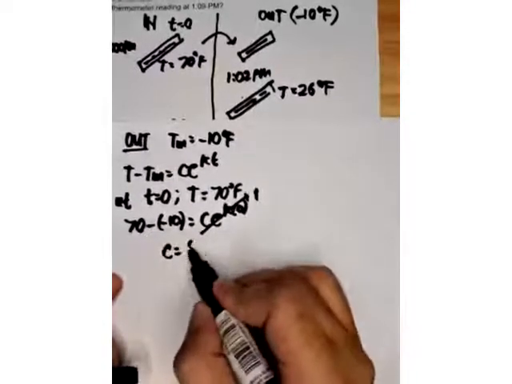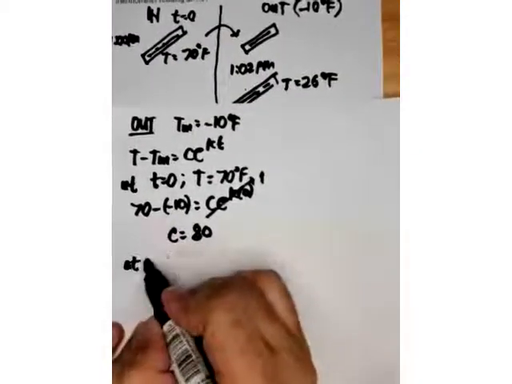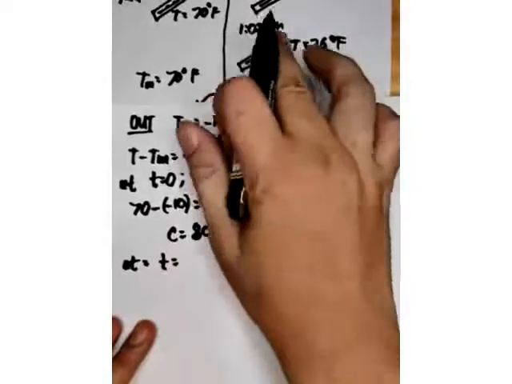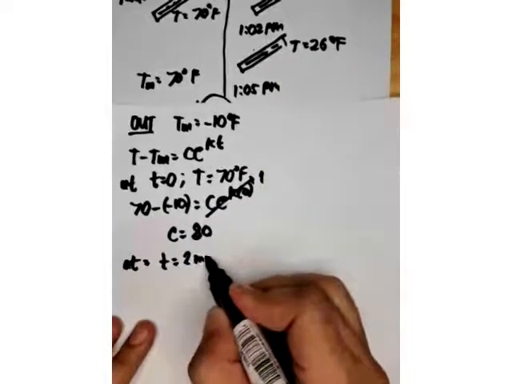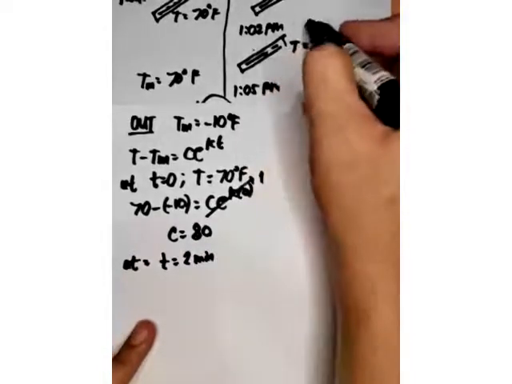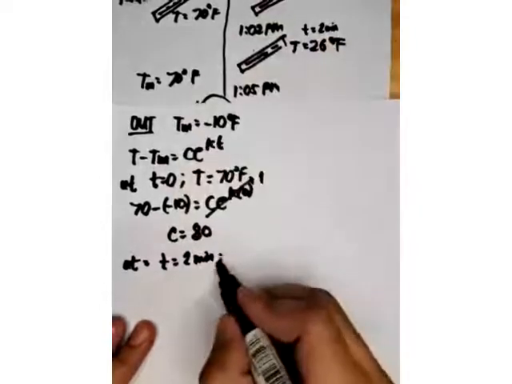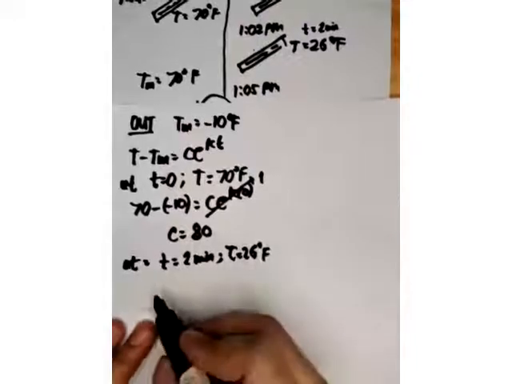So C is 80. The next condition, at T is equal to, kasi ang sabi dito after at 1:02, that means ang T natin ay 2 minutes. Okay? So ang time ngayon dito ay 2 minutes. Okay? Ang temperature ay naging 26 degrees Fahrenheit.